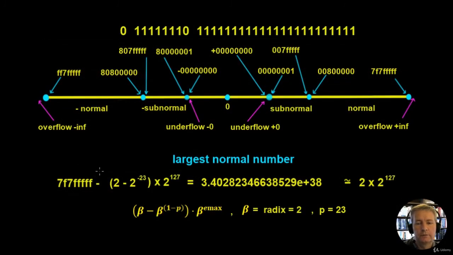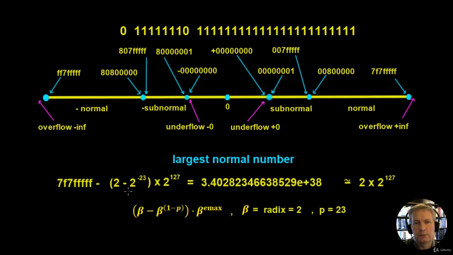So our largest possible normal number is going to be given by the hex value 7F7FFFFF, and this is it written down in binary, and we've seen this number converted in the conversion tool. So we said that the largest number that we can get is going to be 2 to the power of 127.